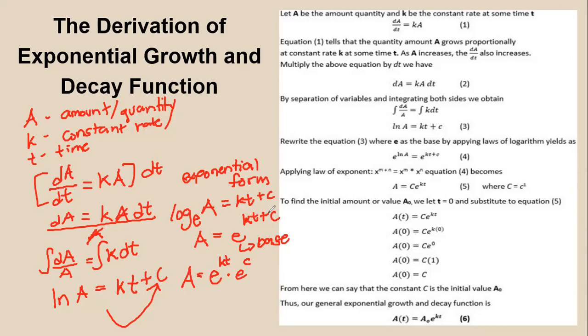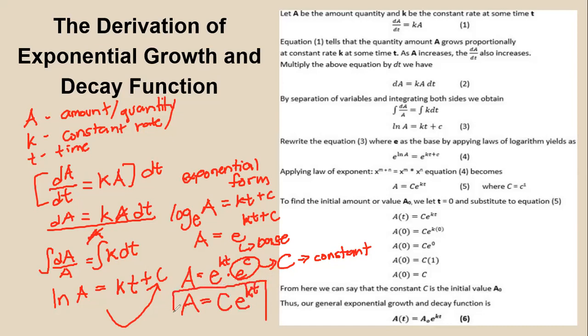Kapag meron tayong sum, tapos nasa exponent, ang ibig sabihin yan, multiply natin yung same base pero magkaibang exponent. And then, e raised to c, pwedeng gawin na natin yan as big letter C kasi constant din naman yan. Okay. So, ang mangyayari magiging A will be equal to C times E raised to K times T.